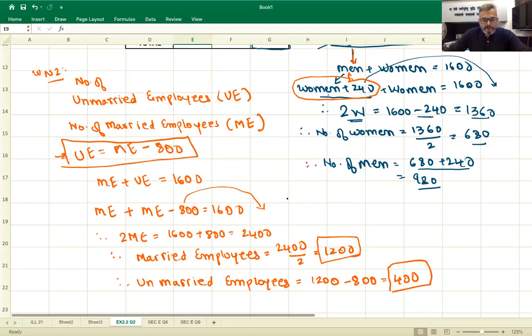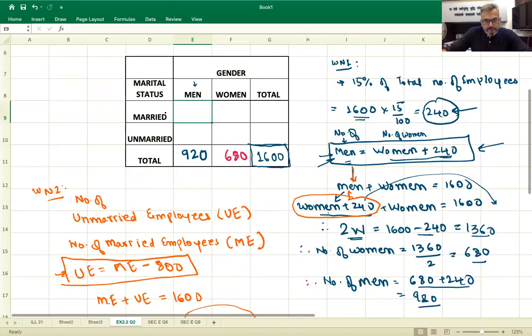Let's place this. So married employees is 1200 and unmarried is 400. You can do the working.